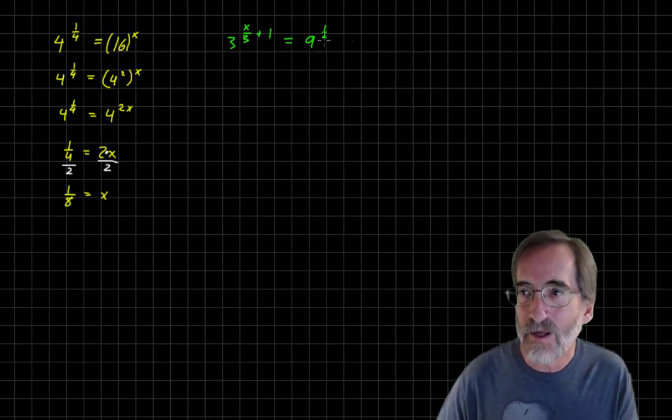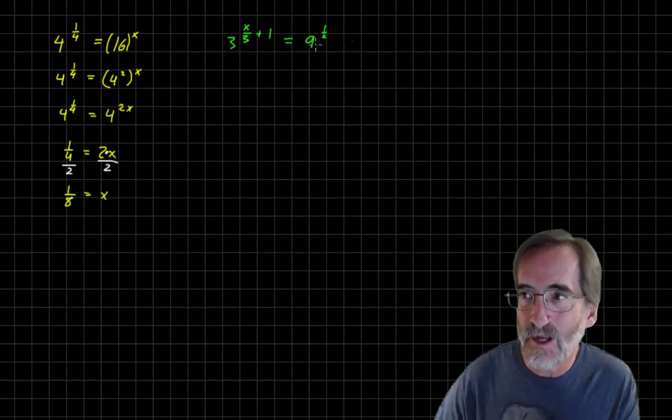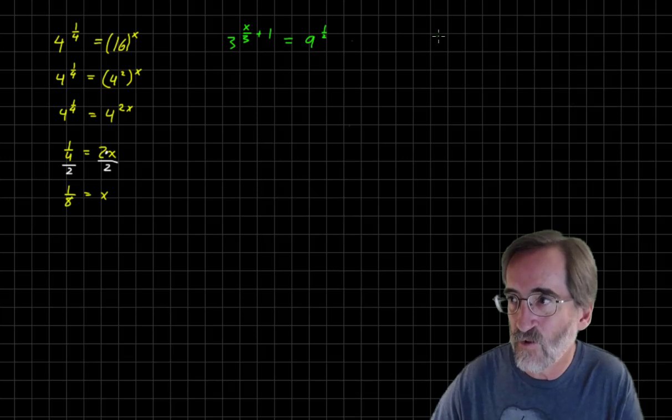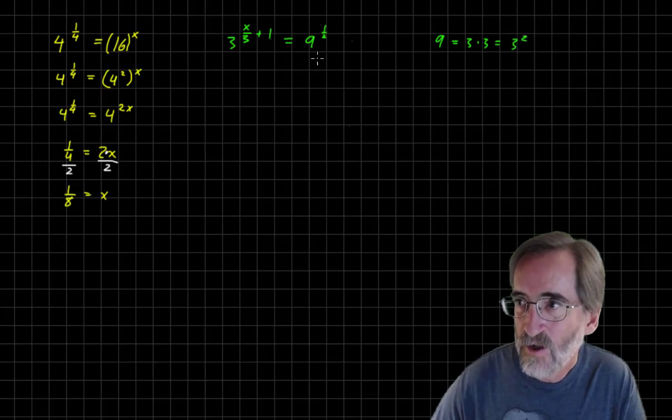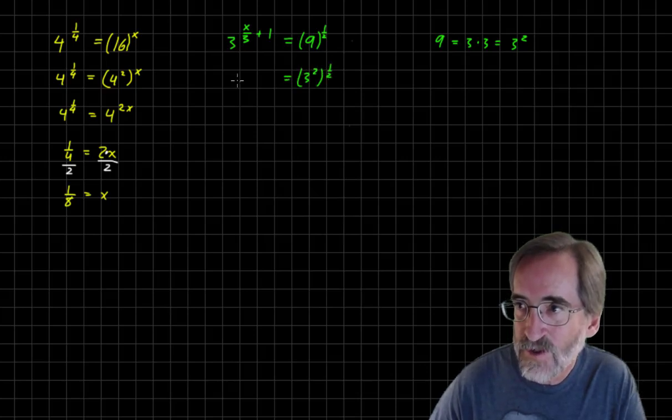Okay? Again, noticing something, that 9 can be written as 3 times 3, or 3 squared. So replace 9 with 3 squared. 3 squared to the 1/2 equals 3 to the x over 3 plus 1.